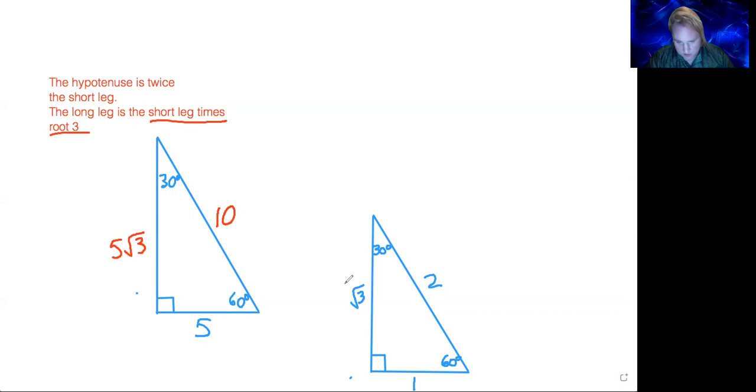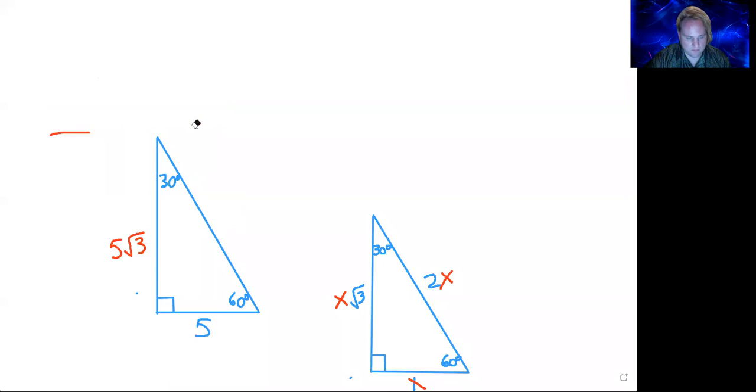You could also choose to use as your base diagram to have some variables here like x's, like I did for 45, 45, 90. This is x root 3, 2x, and x. Let's pick a different starting point. It's a new problem. Didn't mean to erase that, it's okay though.